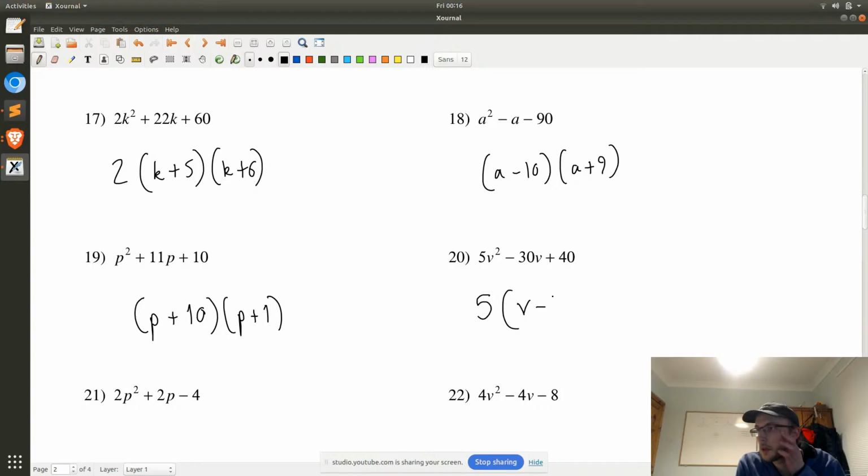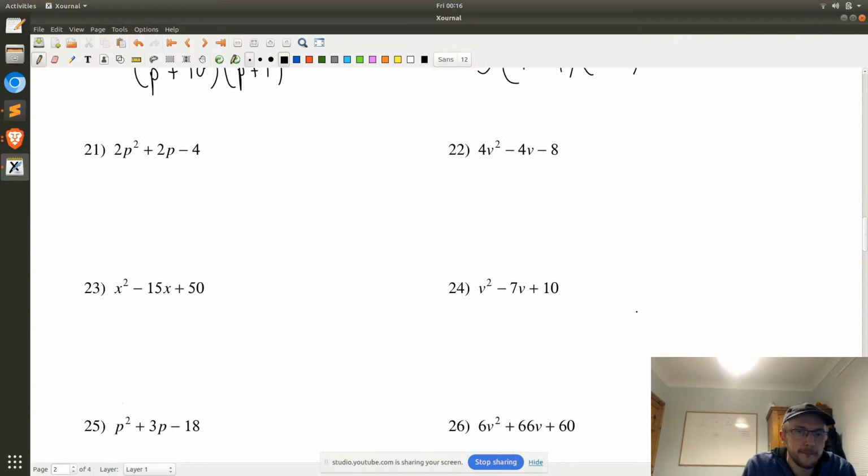V take 4 take 2. Factor out 2. We get p squared add p take 2. Well, that would be p add 2 times p take 1. Factor out 4 and we get v squared take v take 2. So v take 2 add 1.